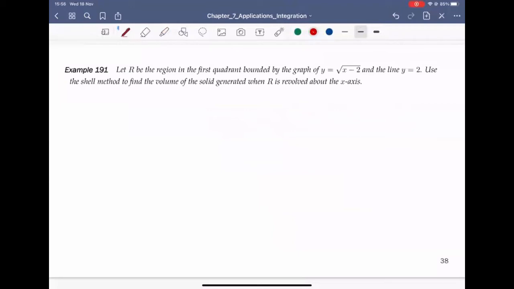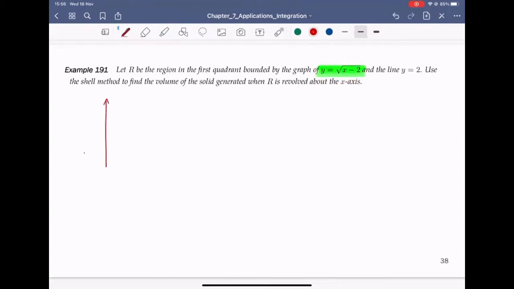Example 191. We have the graph here, y equals square root of x minus 2. I told you this is a candidate graph. It shows up all the time on the exam. If you don't know how to graph y equals square root of x, you are in trouble.